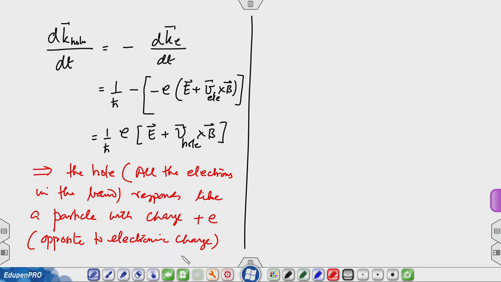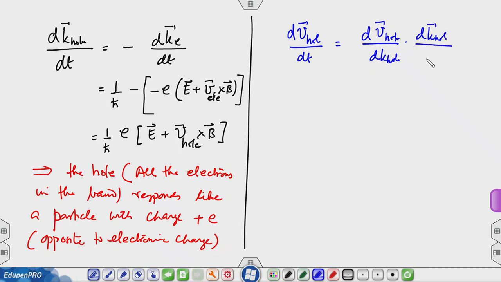This will also give you again the effective mass to be positive, and let us see that. So, if I were to calculate dV whole divided by dt, this will be equal to dV whole divided by dk whole divided by dt, and this is going to be equal to minus dV whole is the same as dV electron.